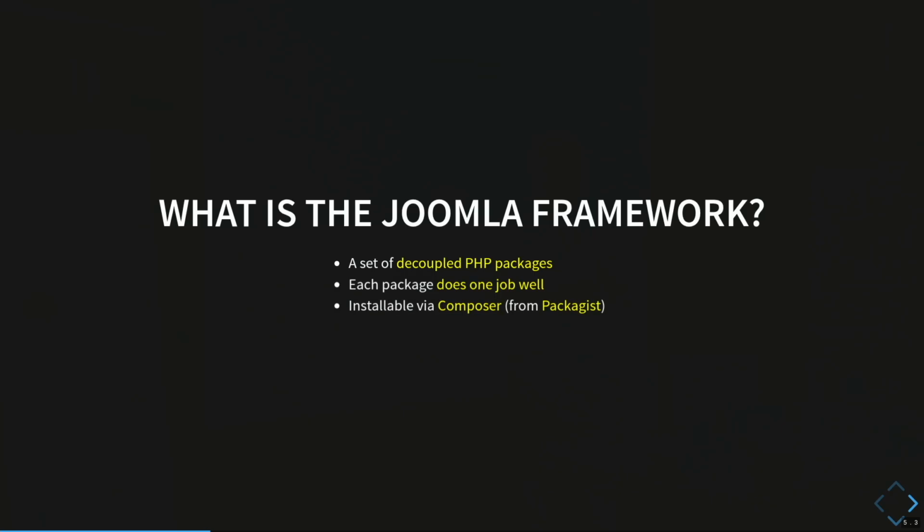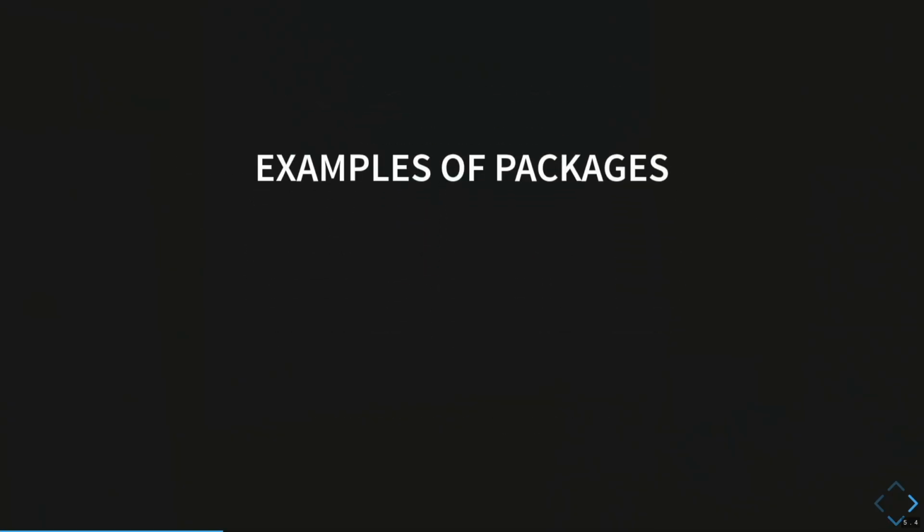And you can install them using Composer. Who does not know Composer here? Okay, Composer is a dependency manager, and I will tell you more later in the presentation. Everything is usable outside of Joomla itself.